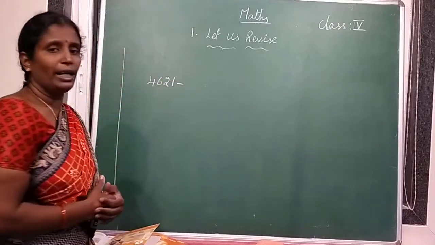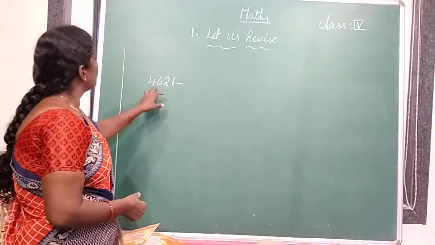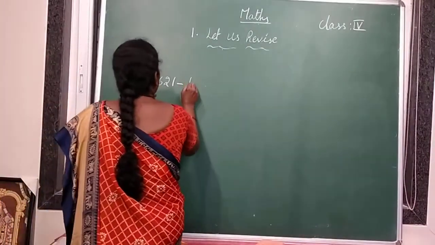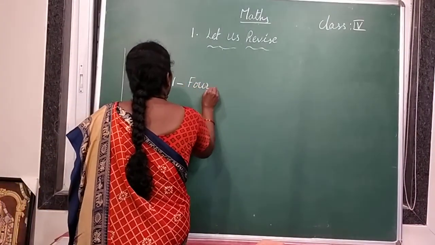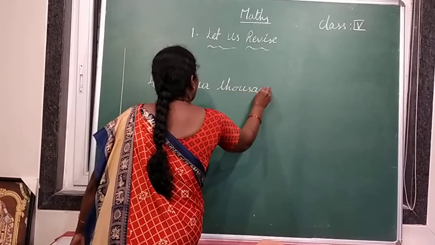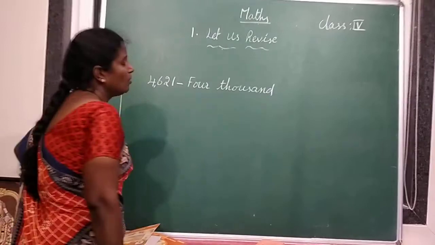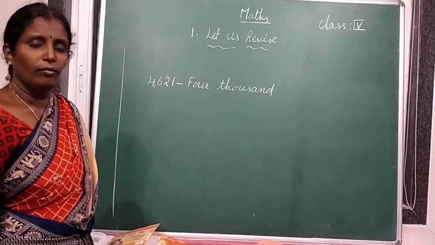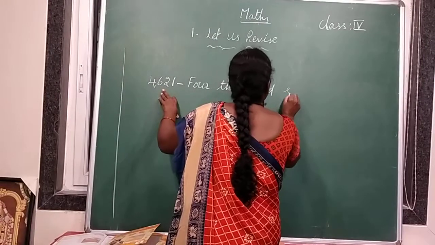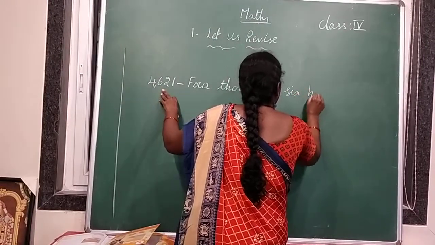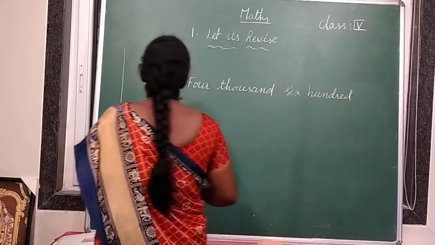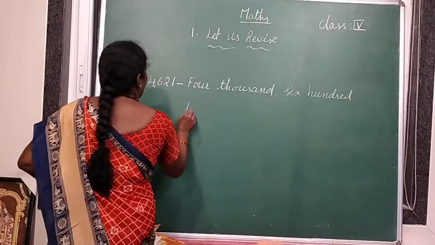So, what is that number? Number name. Can you read that number? 4,000. Next, 600. 621.